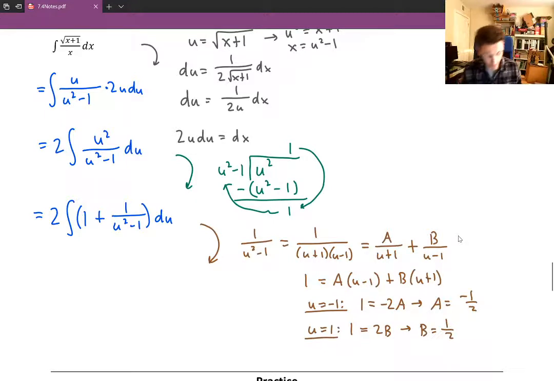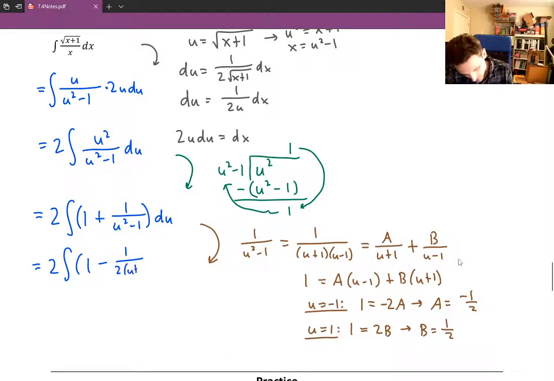All right, then we can feed the a and the b back into the two little fractions here. And we end up getting 2 times the integral of -1 over 2 times u plus 1, and then plus 1 over 2 times u minus 1 dx.